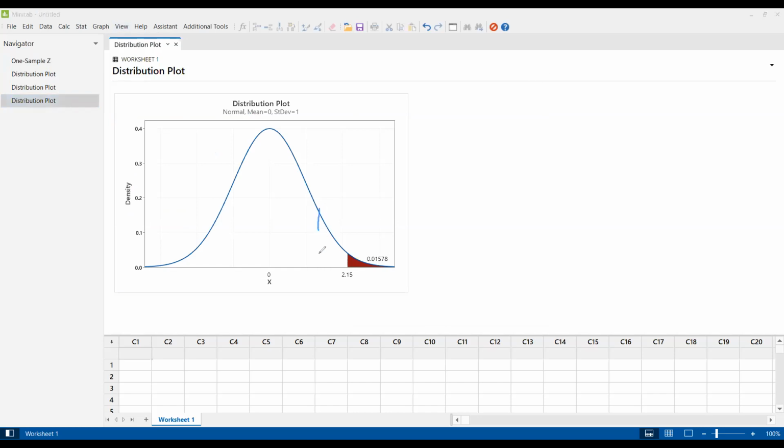We are asking 1.645. This is the value here. We want this to be in this region, which is 95%. It should be in 95%.